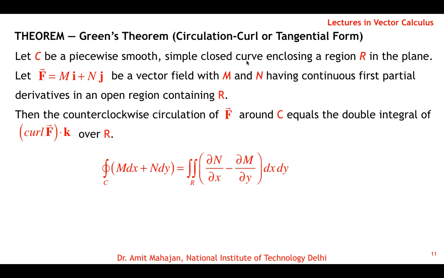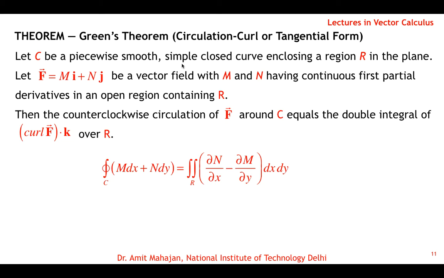These two points are important here: the curve has to be simple as well as closed. For example, the circle or triangle or rectangle. Those curves are closed as well as simple. Simple means that the curve does not cross itself.